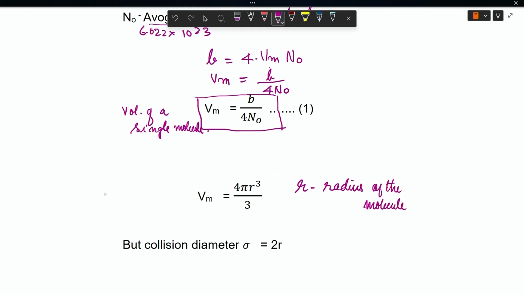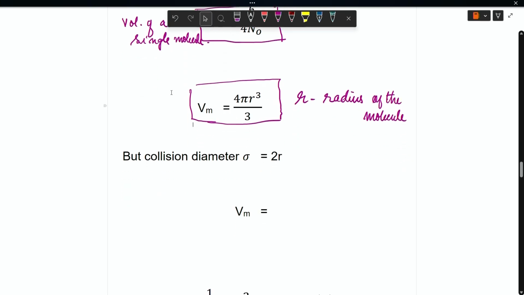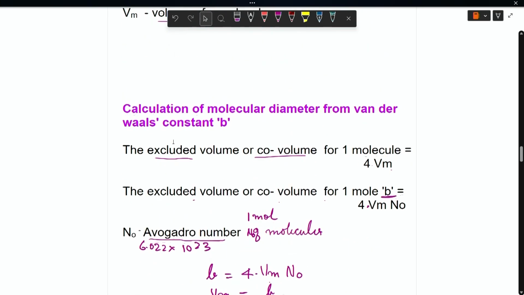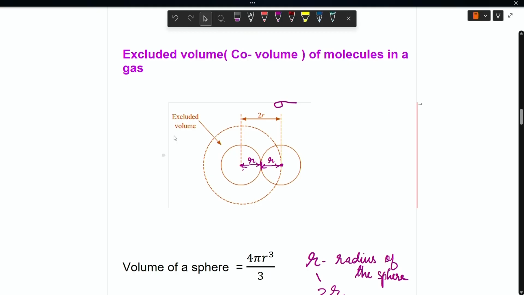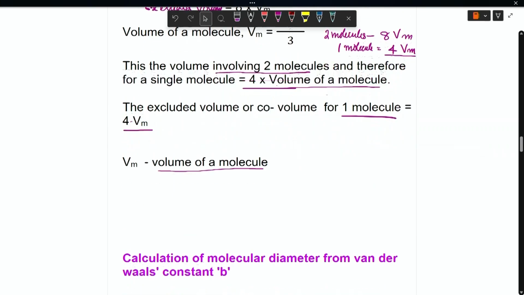So, this is also the volume of a single molecule. Now, I am going to express the radius in terms of collision diameter. We know that collision diameter is equal to 2r. Going back to the picture, this is the distance, the excluded volume, also known as the collision diameter sigma. So, we can put collision diameter sigma equal to 2r.